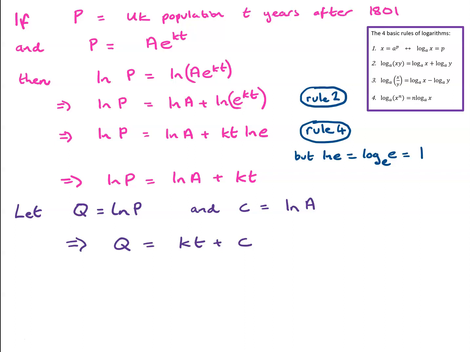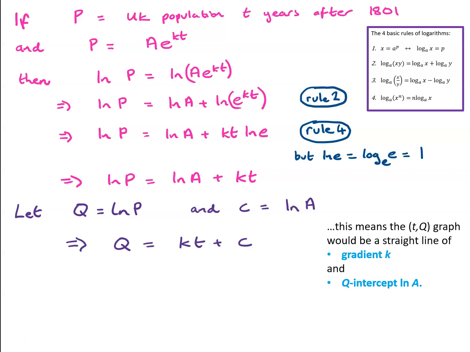And that, of course, is the equation of a line of gradient k and with q-intercept c, where c is the natural logarithm of a.